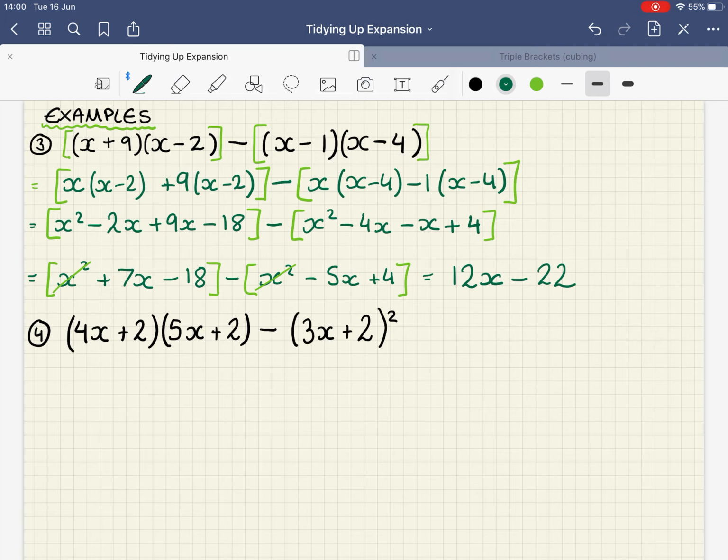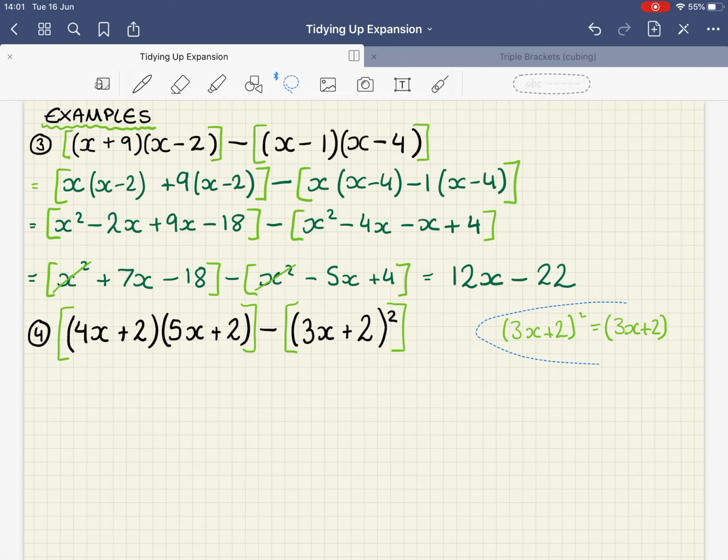Okay, last question then here. Again, I'm going to be putting the brackets around my curved brackets. And again, remember that squared there, 3x plus 2 all squared just means I have the same bracket repeated.